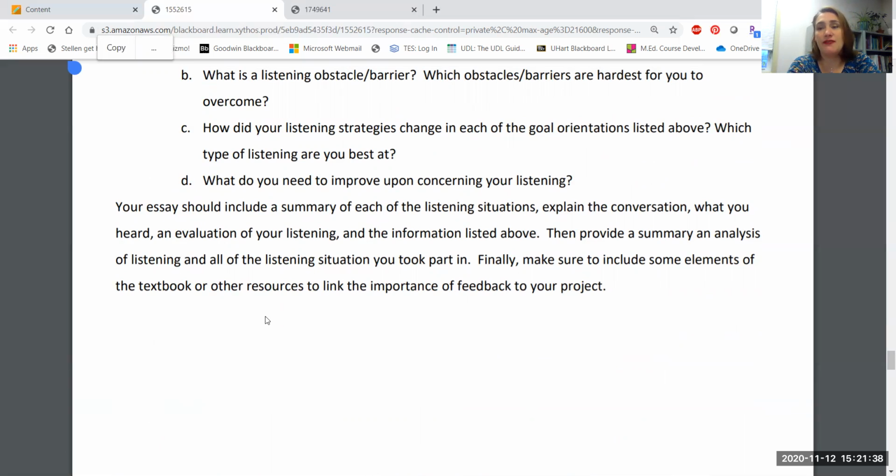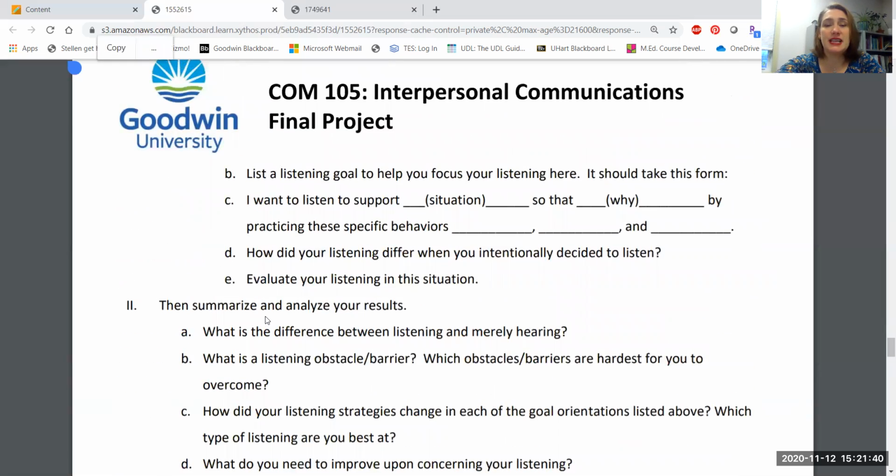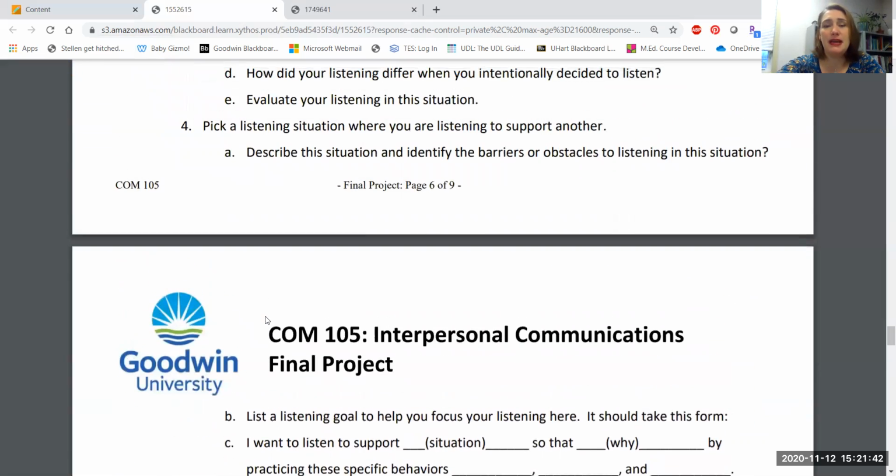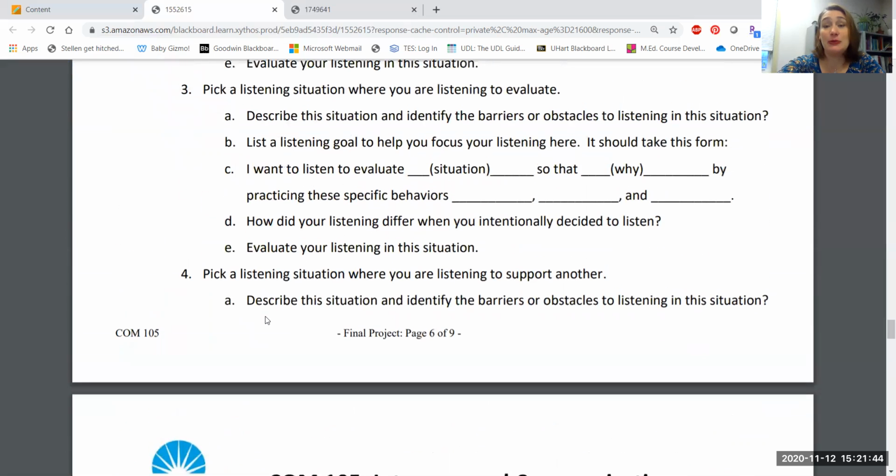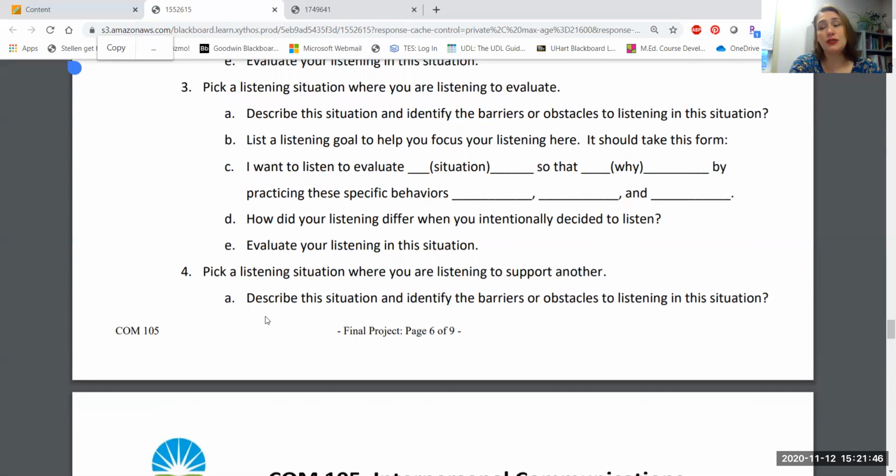Say, for example, you want to find someone who does some maybe evaluative listening. You could listen to a documentary, you could listen to a debate, you could listen to a lot of different things. It doesn't have to be, you know, you sat down in a conversation with someone and you listen to them evaluate something.